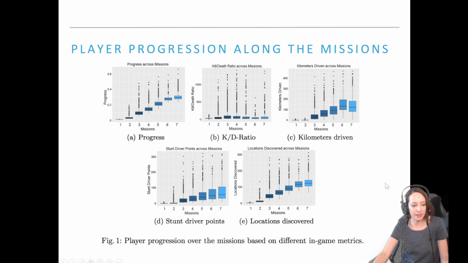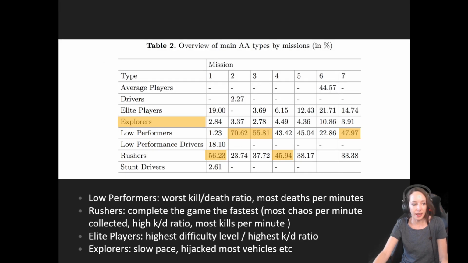And by applying archetypal analysis, we identified, I think, 8 different archetypes, clusters basically. The average players, drivers who really love driving, low performers who have the worst kill-death ratio and the most deaths per minute, versus the elite players, for instance, who play the highest difficulty level and have the highest kill-death ratio, and so on.